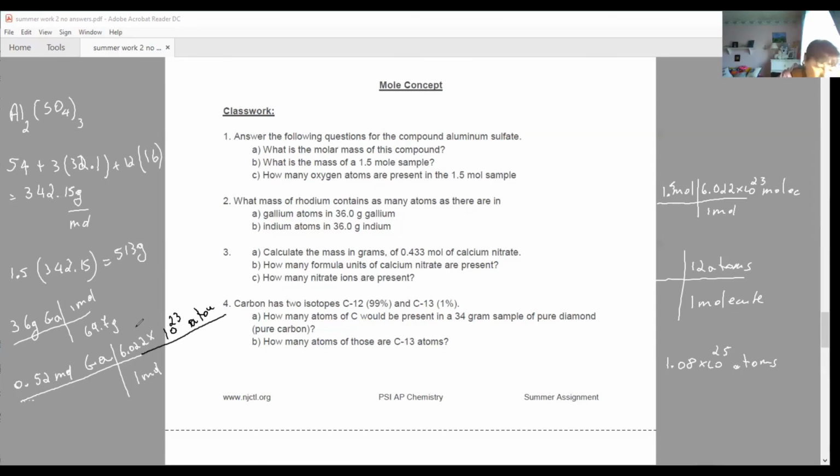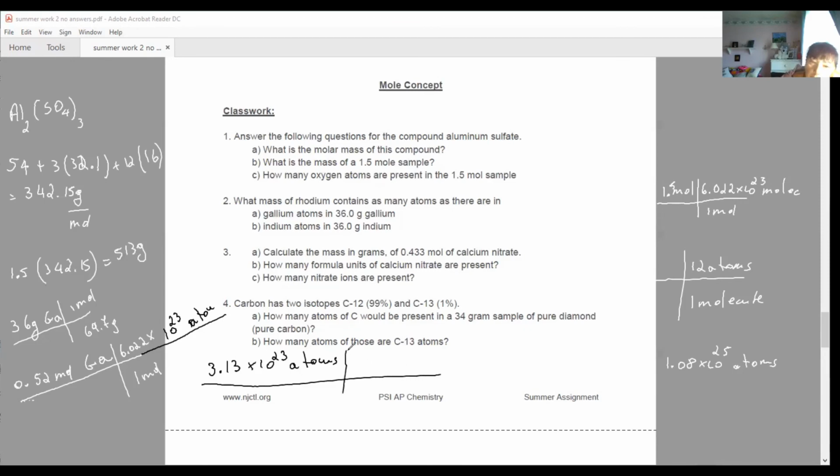So this is 6.022 times 10 to the 23rd times 0.52. This is basically 3.13 times 10 to the 23rd atoms of gallium.